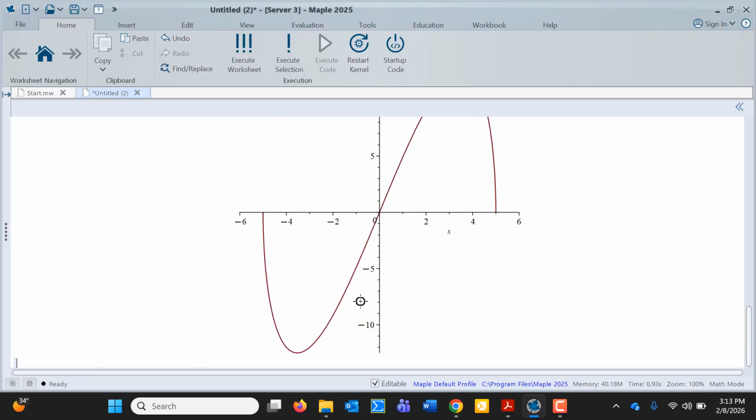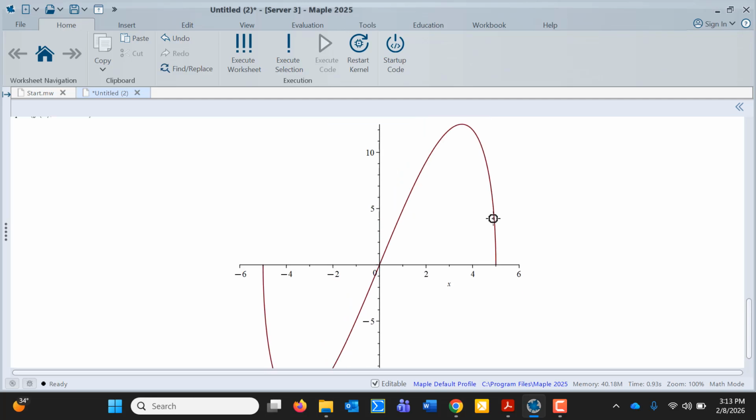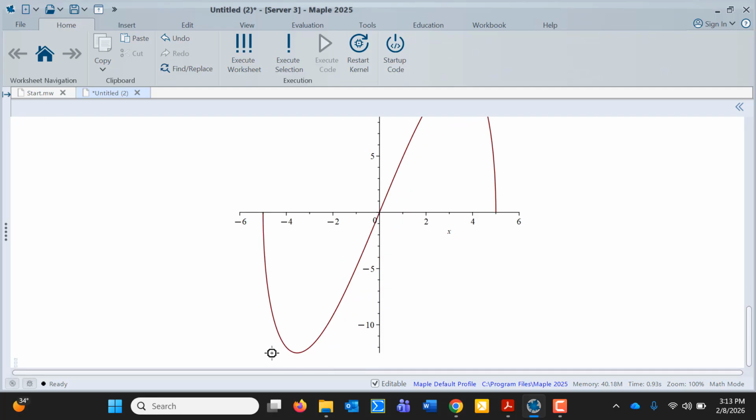So if we were to just look at this graph, we could predict where there are going to be some critical points. We see a max up here. There's a horizontal tangent line up here. So I'm predicting to have a critical number somewhere over here. And likewise, there's a min down here. So we'll have another critical point as well. So there's probably 2, right? Or there should be 2.